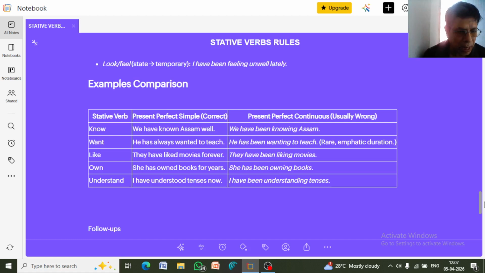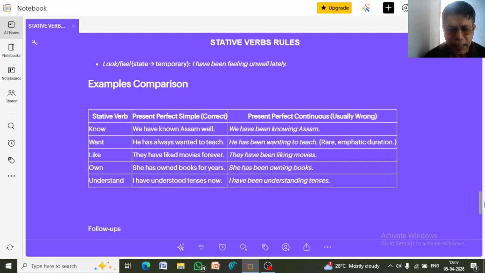Now, stative verb want. He has always wanted to teach. Correct. He has been wanting to teach. That is rare, emphatic duration. Sometimes it is rarely used, so it is better not to use. Now, like, they have liked movies forever. Correct.